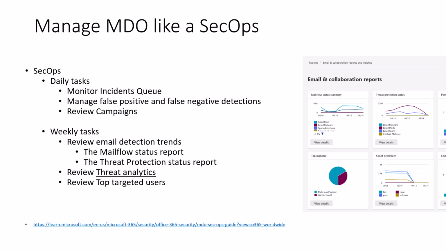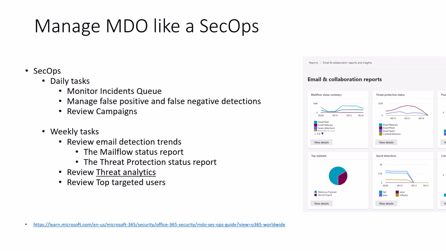We have to go into the M365 Defender portal and follow up if we have any incidents or alerts that are being queued up within the reportings, and we have to review whatever campaigns we might be running. If we have been running attack simulation campaigns or anything against our end users, then we have to review these on a daily basis.